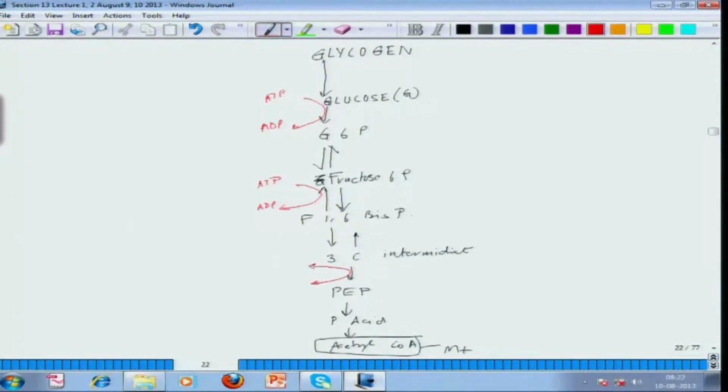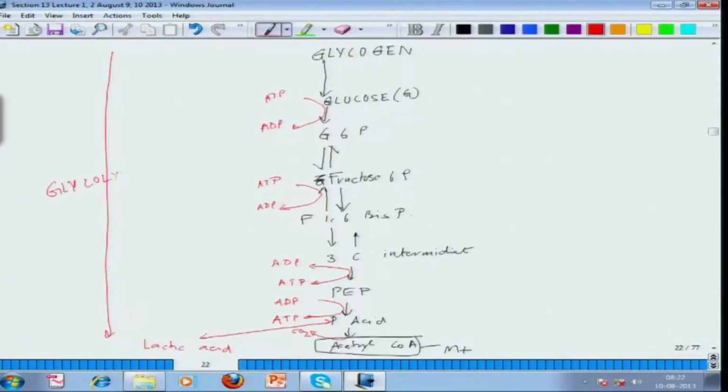This is the zone where both things could happen, it can run in both directions. And from phosphoenol pyruvate to pyruvic acid, this is another region where ADP to ATP is formed. And out here CO2 is given out, and from pyruvic acid there is another option, it can form lactic acid.